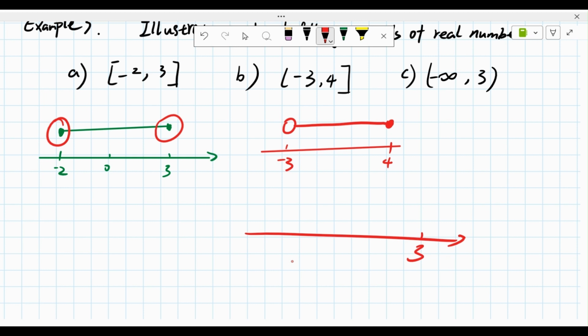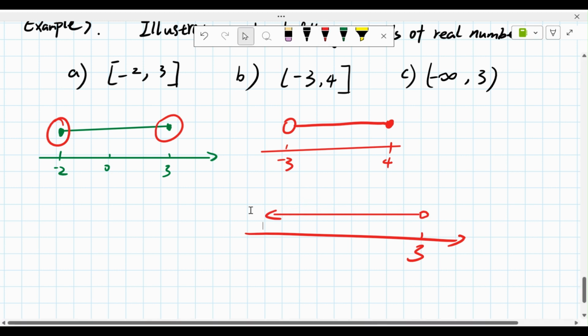So you start from 3, open circle, and go to negative infinity. That means the domain, and in the end you can say domain or range when we draw the graphs of functions, and you will learn this again.